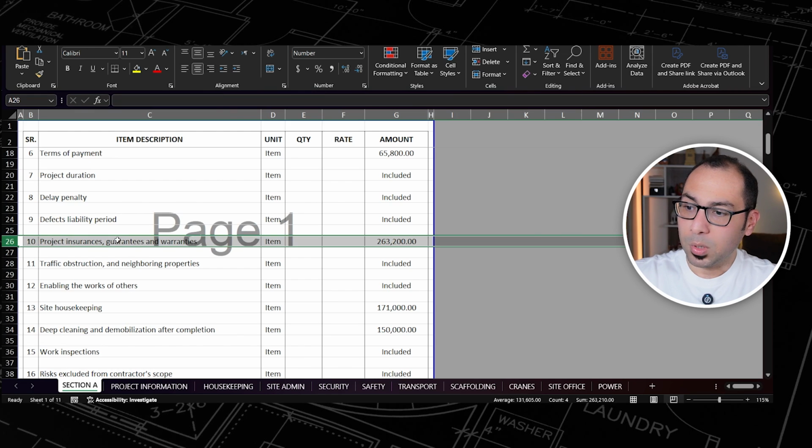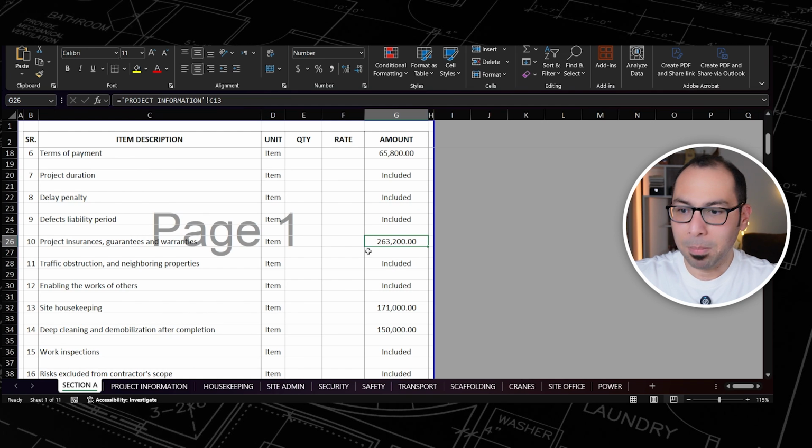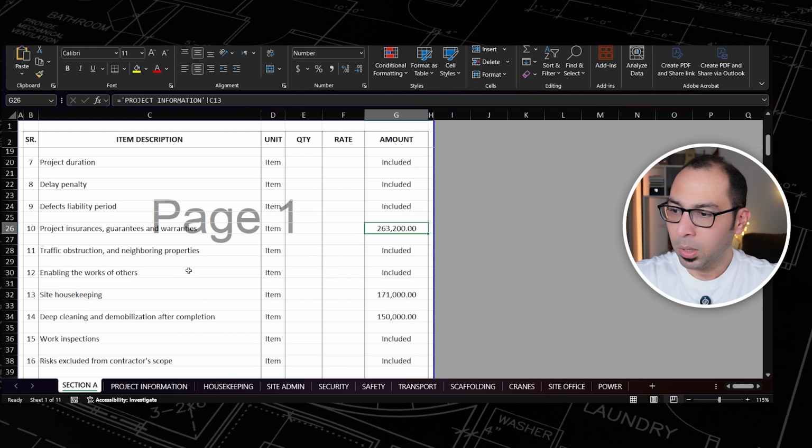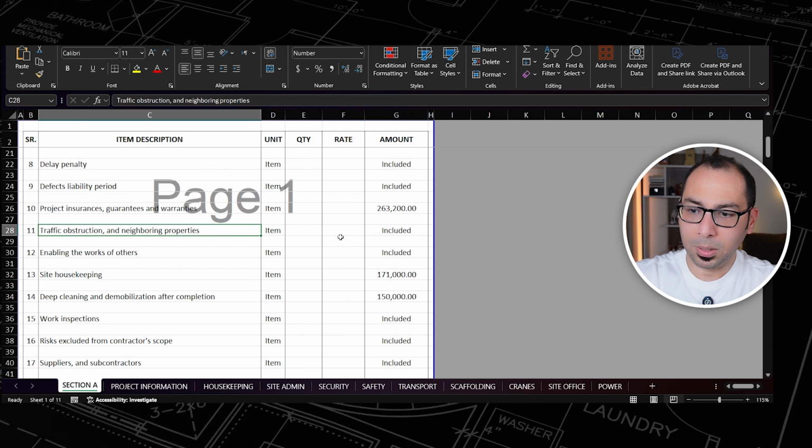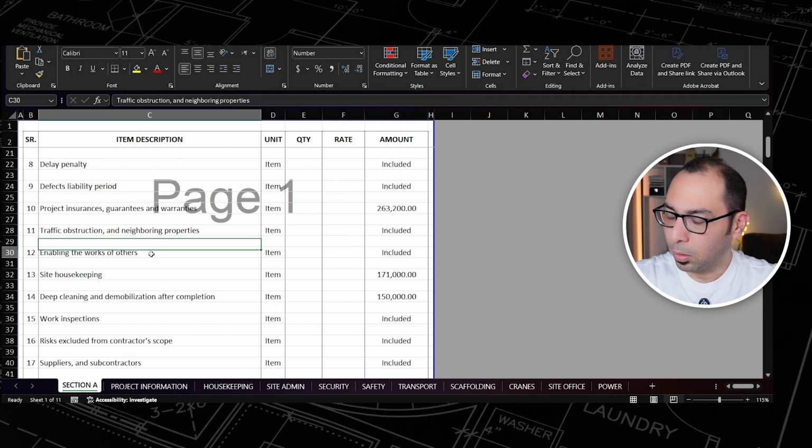So this clause heading or this section in the contract, it has, let's say, a cost impact. So that's why I am having an amount here. And this amount is the cost of the car insurance or the contractor all risk insurance that is required as per the contract. Then after that, we have traffic obstruction and neighboring properties. This is one of the contract clauses.